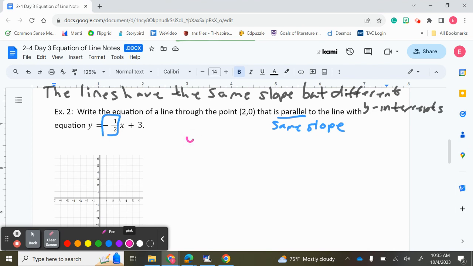So when I put that into y equals mx plus b, my slope-intercept form, this is my x, this is my y, this is my m. So this is going to be 0 equals negative 1/2 times 2 plus b.